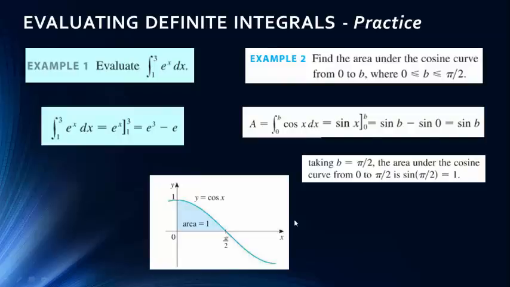Now we could have done this the same way and put pi over 2 in there, but since we're going from 0 to pi over 2, we just needed to put the value of b in there. We could have done it the other way around too, and we're getting the same values, sine of pi over 2 minus sine 0.